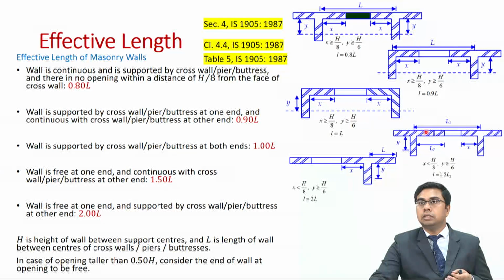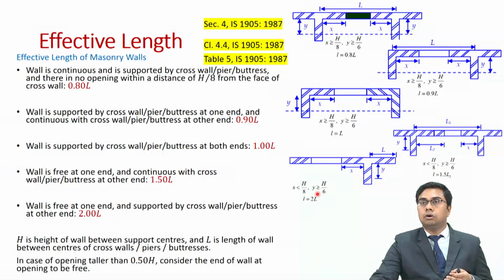In the earlier case the wall was continuous over the cross wall or pier or buttress, but here it is only supported. Why are we not considering continuity in this case? Because the value of x is less than h by 8. In such a case, this wall is definitely supported by this cross wall, but it is not continuous. For continuity we need this x to be larger than h by 8.